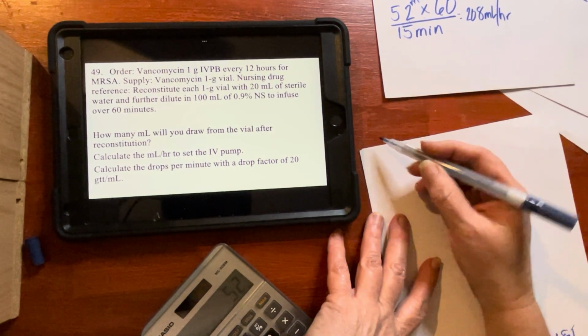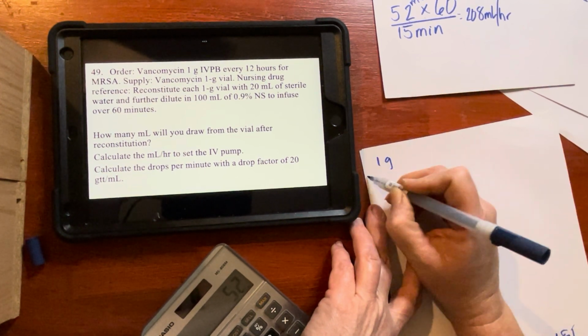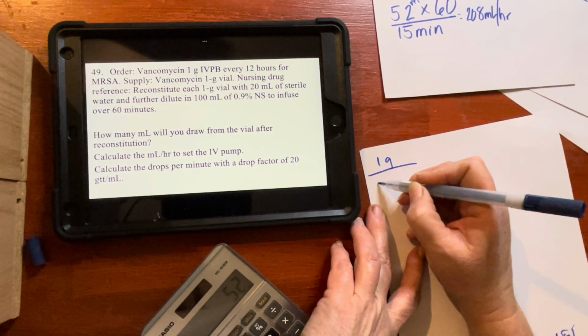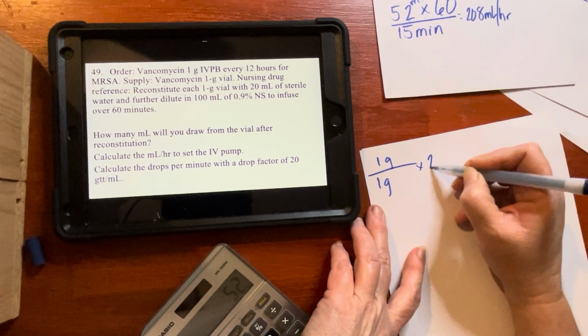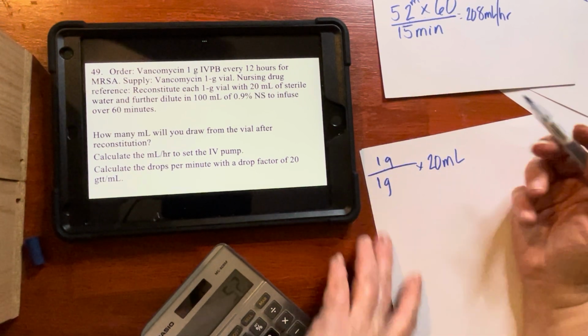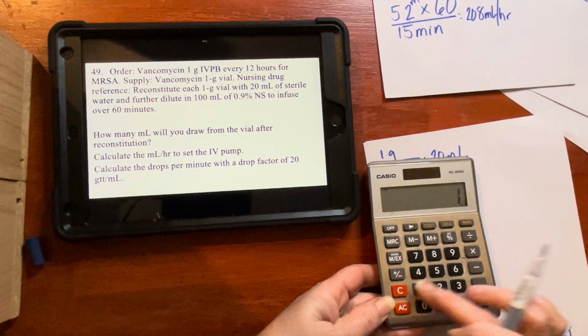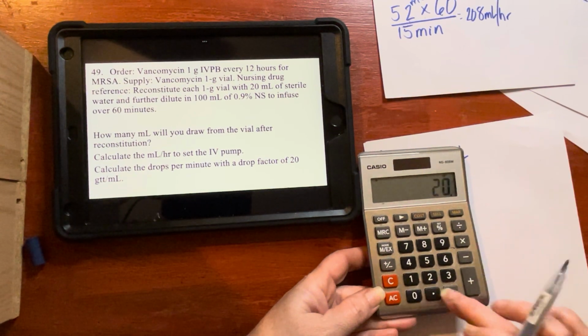And look, Ethel may want you to show your work. So he wants him to get 1 gram. And what I have is 1 gram per 20 milliliters. So that divided by that, let's do it. Look, 1 divided by 1 equals 1 times 20 equals 20.